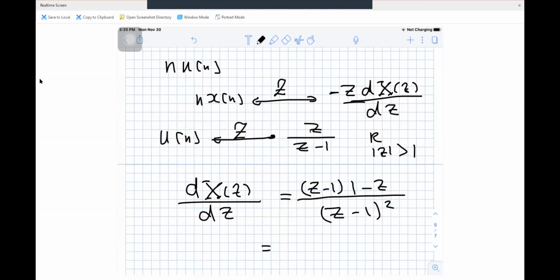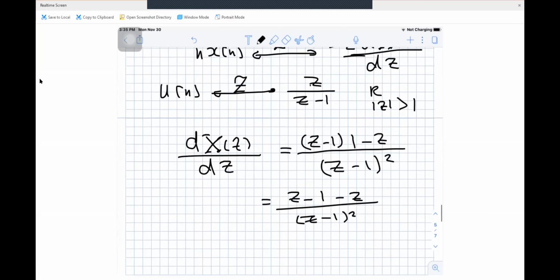So it will be z minus 1 minus z over z minus 1 all squared. Okay? Now z with z will be cancelled, and the remaining will be minus 1 over z minus 1 all squared.